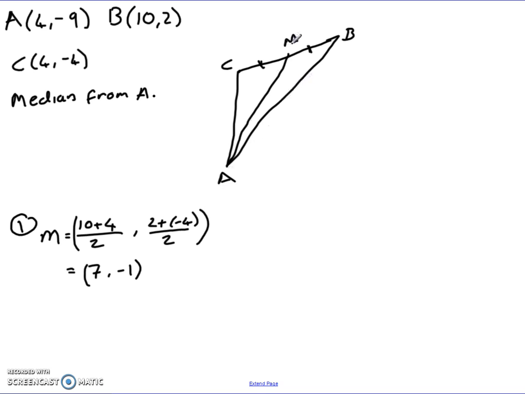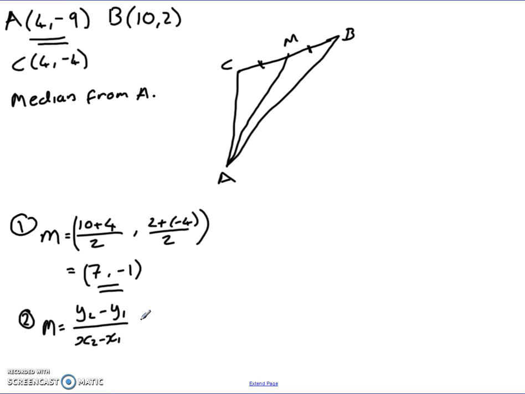Now we want the equation of the line from A to M. We know to get the equation of a line, we need two properties. First, we need to get the gradient, and then the second thing we need is any generic point on the line. So let's get the gradient of the line. Now remember, the gradient of a straight line is y2 minus y1 over x2 minus x1. And our two points in this case are A, so this point right here, and our new point M, which is given by (7, -1).